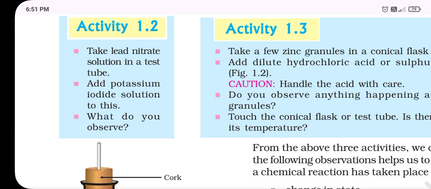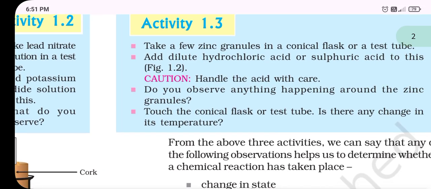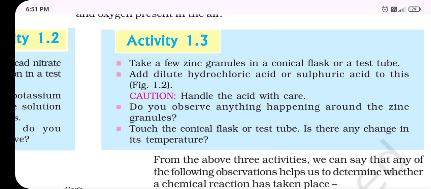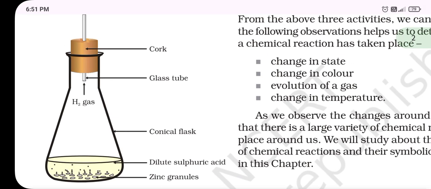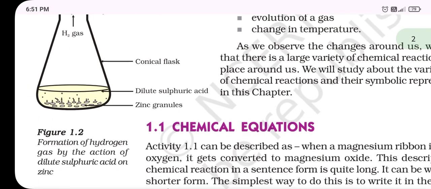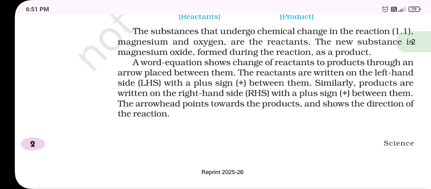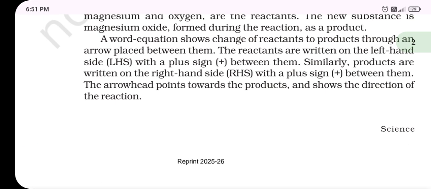So here at the product side two things are formed. As well as in activity 1.3, zinc plus sulfuric acid forms hydrogen gas as well as zinc sulfate. So the plus is also present in this reaction. Okay, we all understand this.